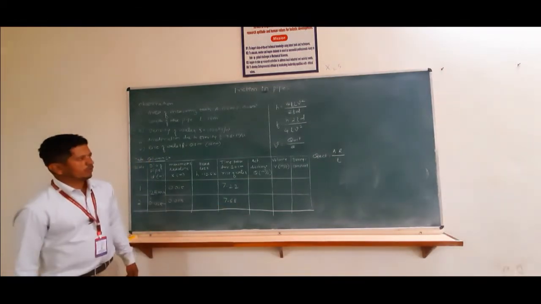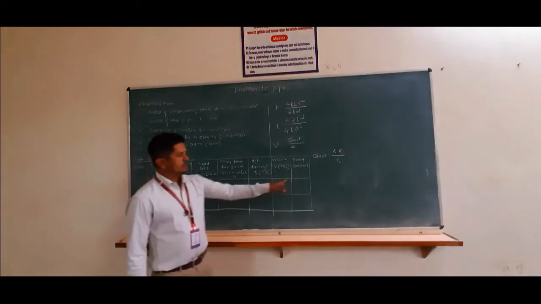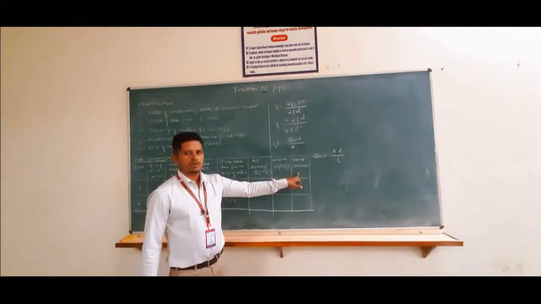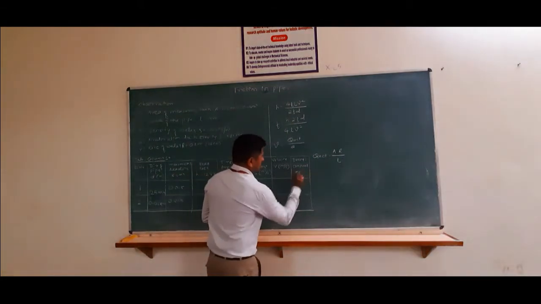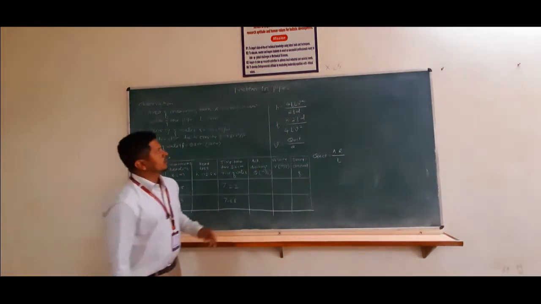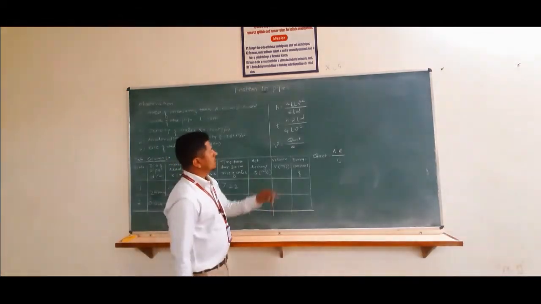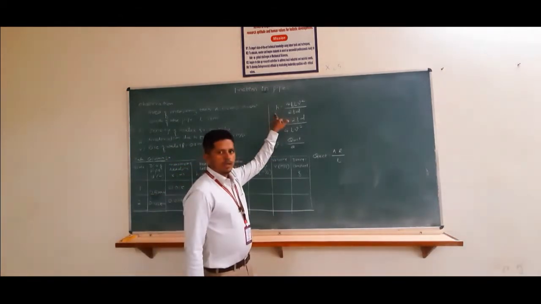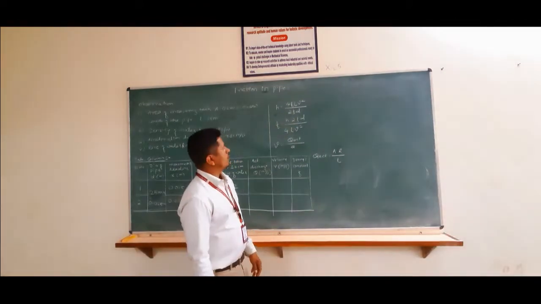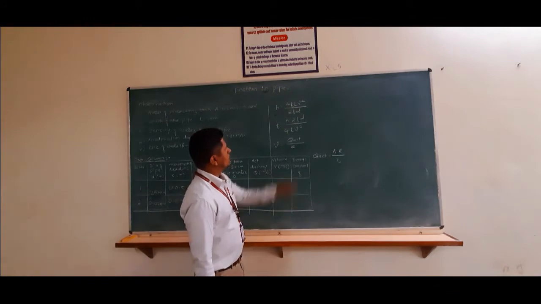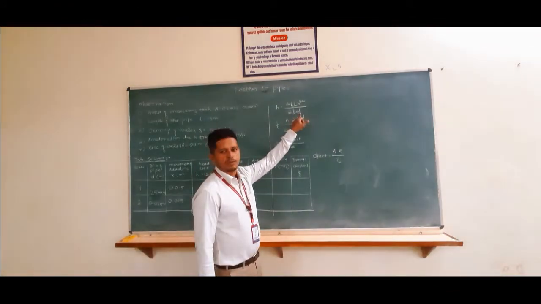So what we have to calculate here is the Darcy constant, that is nothing but the friction factor due to the Darcy equation, that is the f value. We know the equation, this equation we have already derived in the classroom. h is equal to 4fLV square divided by 2 into g into d.